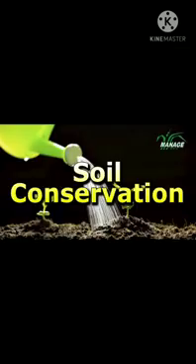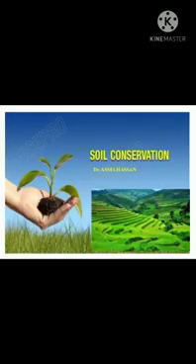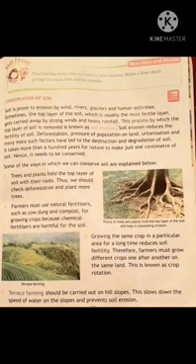Next, conservation of soil. We have to protect the soil, students. How do we protect it? Let's see. Soil is prone to erosion by wind, river, glacier and human activity.